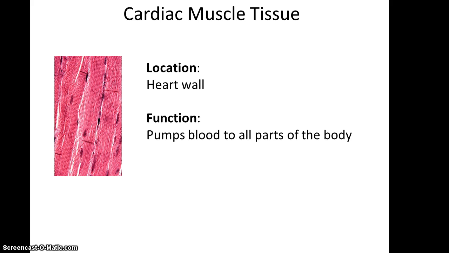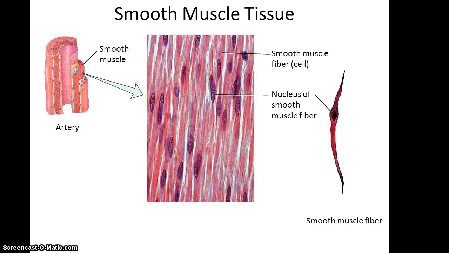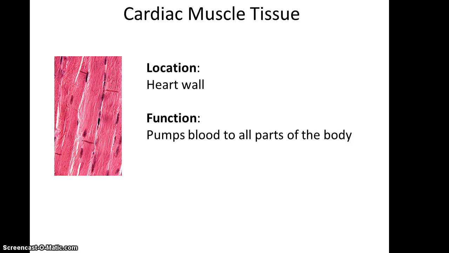Cardiac muscle tissue is found only in the heart wall, and it functions to pump blood to all parts of the body. You can see, looking at that picture, a few differences between cardiac muscle tissue and skeletal muscle tissue. While both have those striations, the cardiac muscle cells are much shorter, and at the border between adjacent cells, you see a thick line.